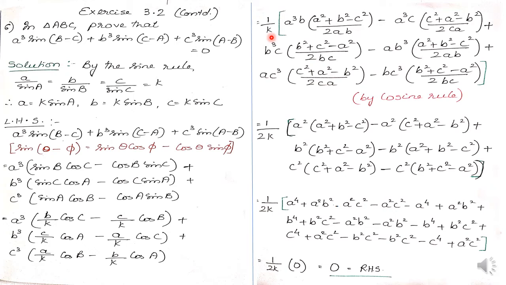So 1 upon k is taken out common outside the bracket, and then in the bracket observe the first term first. a cube into b gives us a cube b, and similarly cos C becomes (a square plus b square minus c square) upon 2ab by the cosine rule.